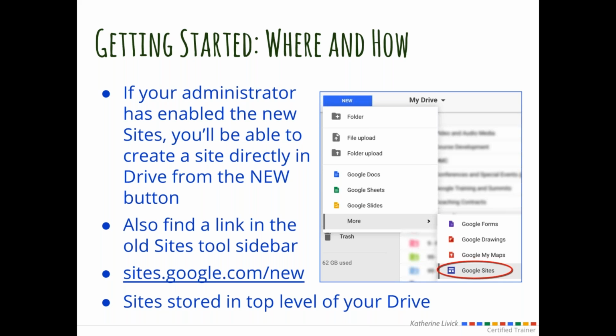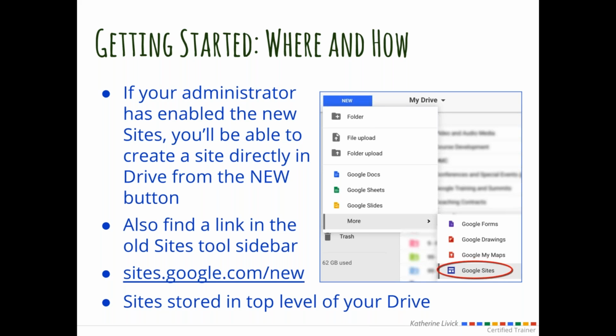If you're logged into your Google account and clicking around as I'm talking, once you're in Google Drive and you click that New button, go to More and let that pop out where you'd see Forms and Drawings. You'll see Google Sites down there, and you can create a new site right from there. The sites are stored there, so you can see them in your Drive.